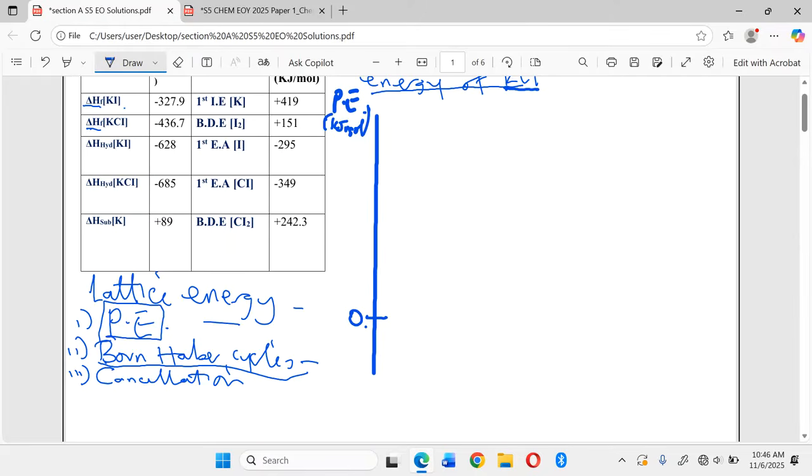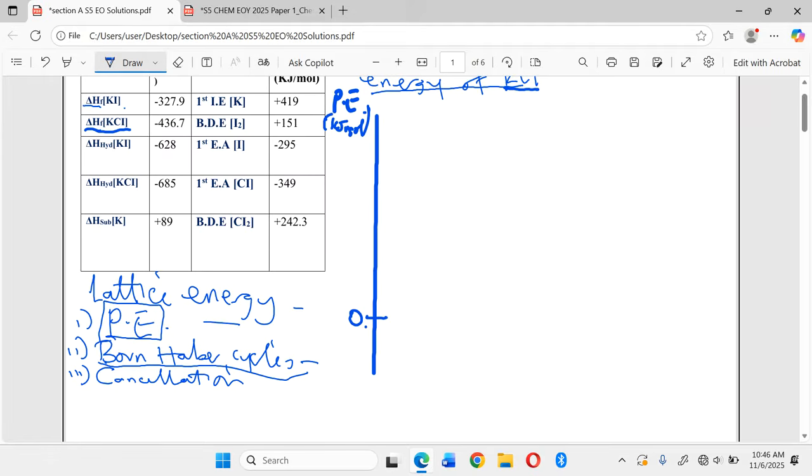Since we have the enthalpy of formation of potassium chloride, we have it here. The enthalpy of formation is the energy change when 1 mole of a substance is formed from its elements in the standard states.